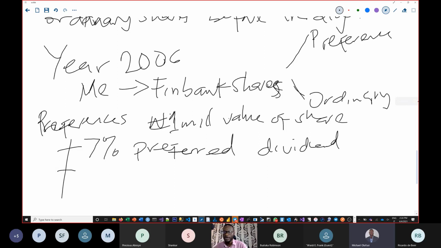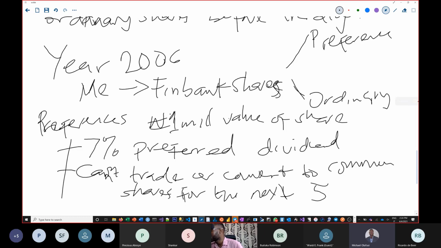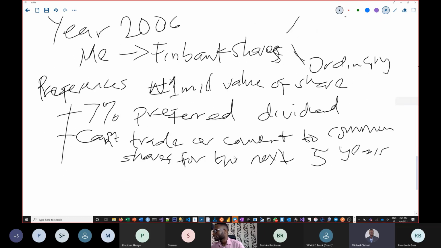They also mentioned that I can't trade it or convert it to common shares for the next, I can't remember the exact number of years, but let's say the next 5 years. So they said I'm locked in for the next 5 years. I cannot trade it, I cannot convert it to common shares.